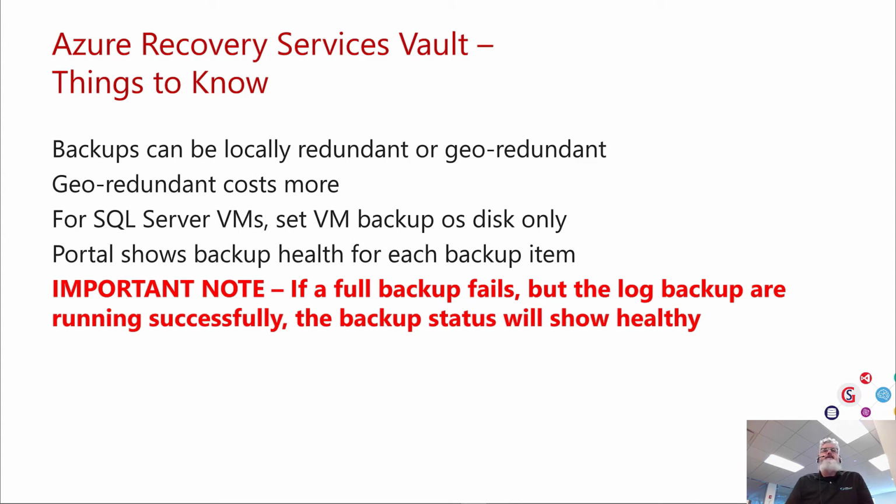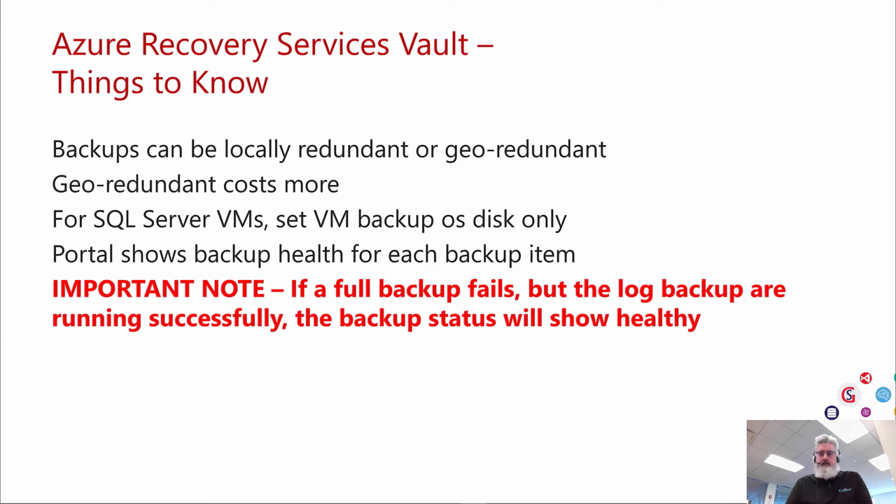So there are some things to know here. You can set the Recovery Services Vault backups to be either locally redundant or GeoRedundant, like we talked about before. Locally redundant means that they're only written locally. If you can't get to your primary site, you're not going to be able to get to your backup files.